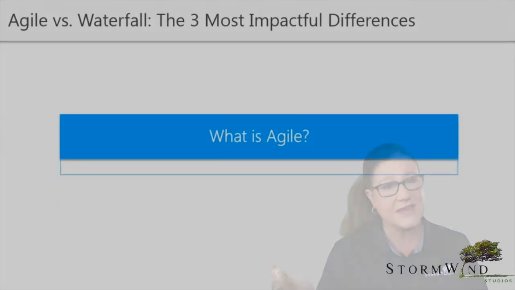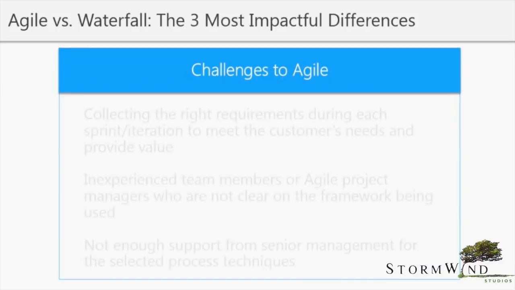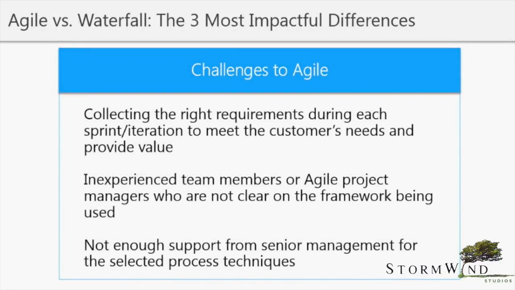These days, though, things are getting to be a bit more tailored because there are challenges on both sides. First of all, it's very difficult to select the right requirements, because as we're changing, as we're shifting, as we're being agile, we're trying to produce something that meets the customer's needs and actually provides some kind of value. Now, agile is easy to talk about, but it's very difficult to do.